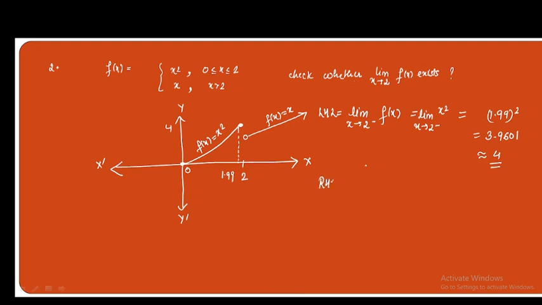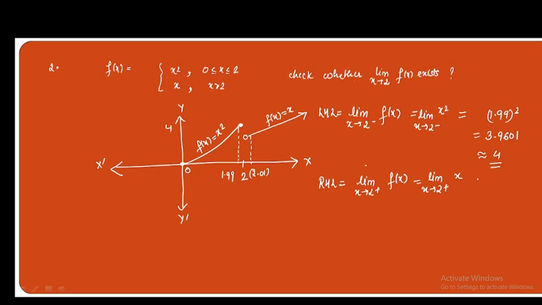Next you have RHL, which means you are going to approach 2 from the right hand side. So you will take a value which is slightly greater than 2. I am going to take 2.01. So limit x tends to 2 plus f(x), and which function is just greater than 2? It is x, so we will write x.